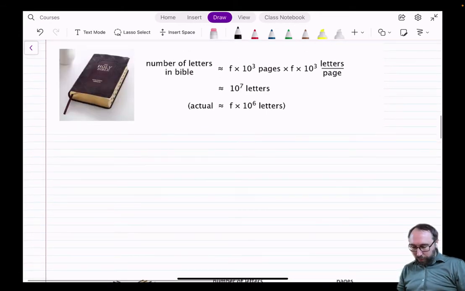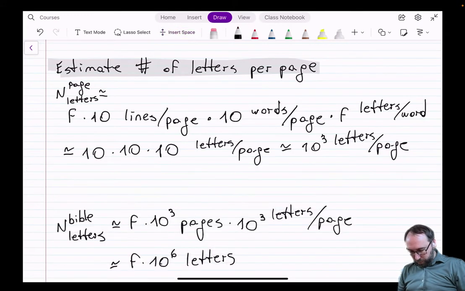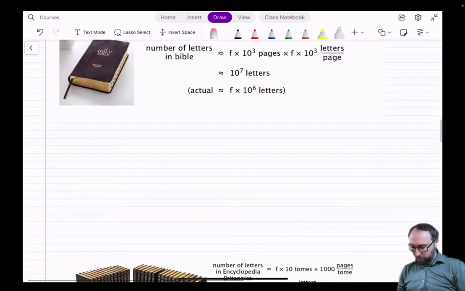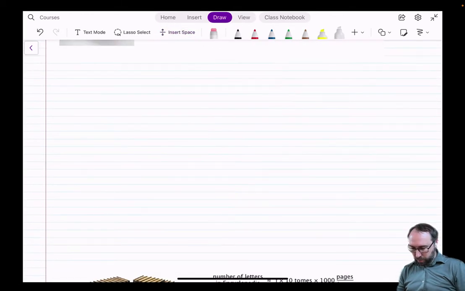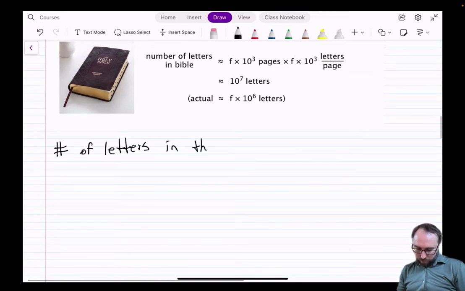All right, so now let's figure out the number of letters in the encyclopedia.